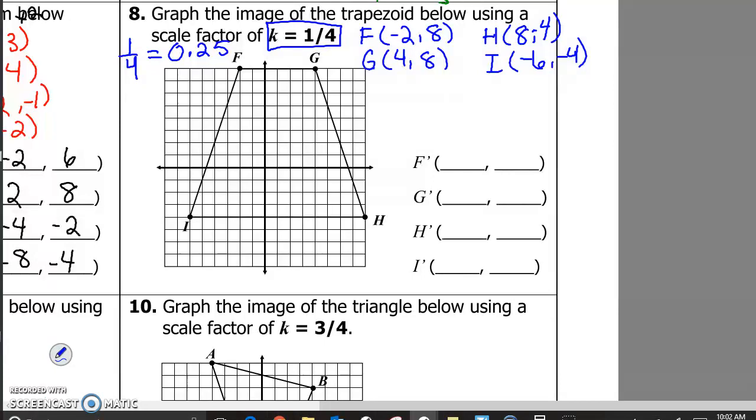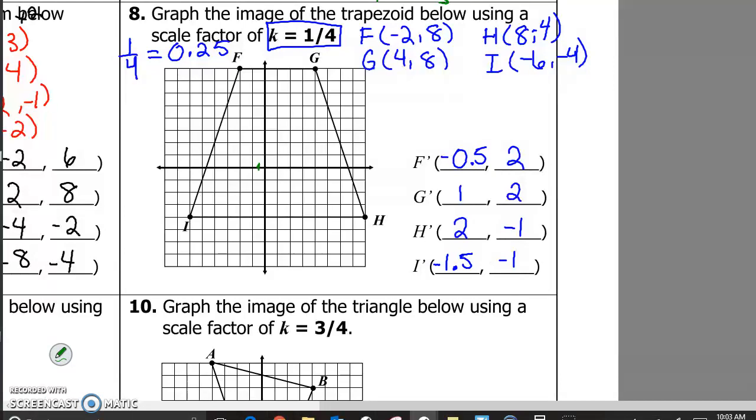So if you multiplied everything by the scale factor of 1/4 or 0.25, you should have gotten negative 0.5, 2 for F. For G, you should have gotten 1, 2. For H, 2, negative 1. And for I, negative 1.5, negative 1. So this is a little challenging when it comes to graphing because you have some decimals or fractions there. So for F, you're going back 0.5.